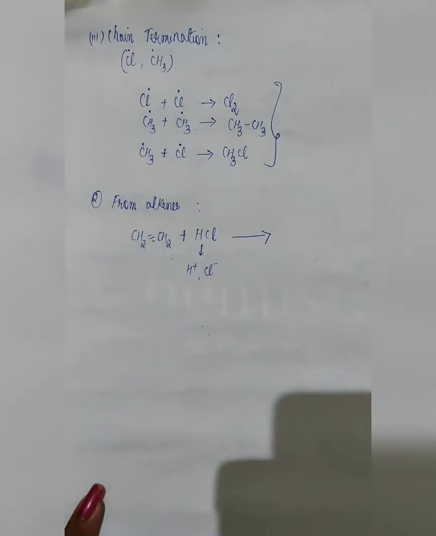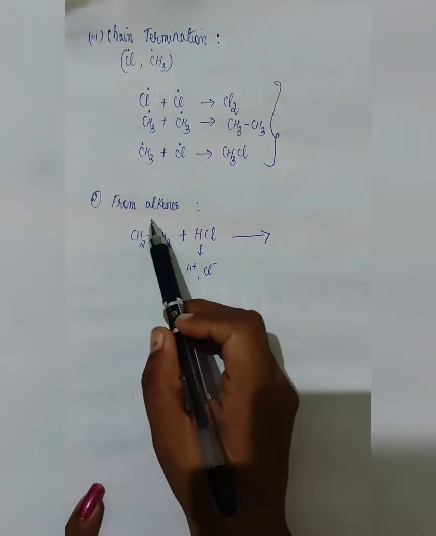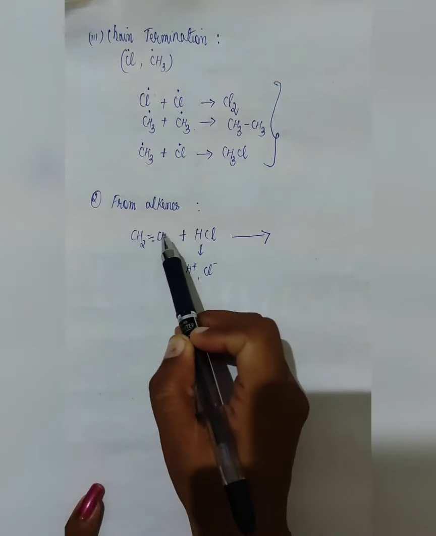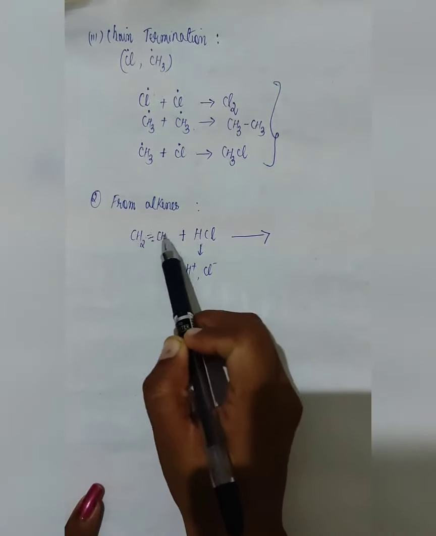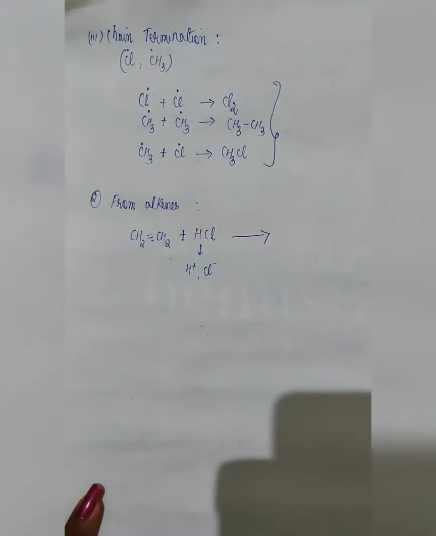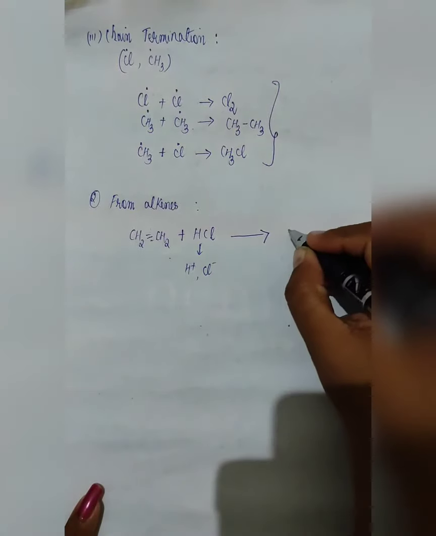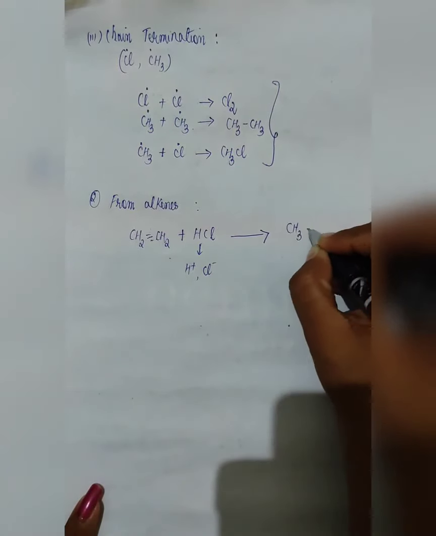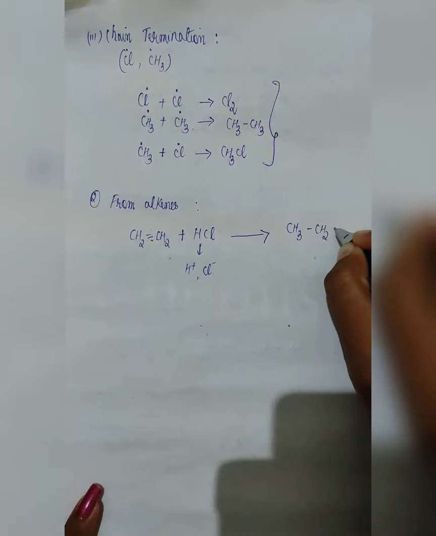Now if we have a symmetrical compound, we will get a similar product. Symmetrical compound means when you divide it into two equal halves, you get the mirror image. That means you get the same thing on both sides. Now here it is a symmetrical compound, so upon addition we will get only one product, that is CH3CH2Cl.